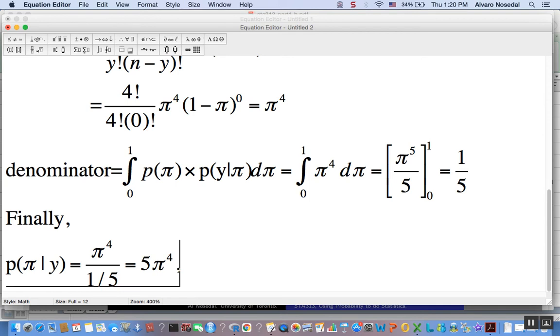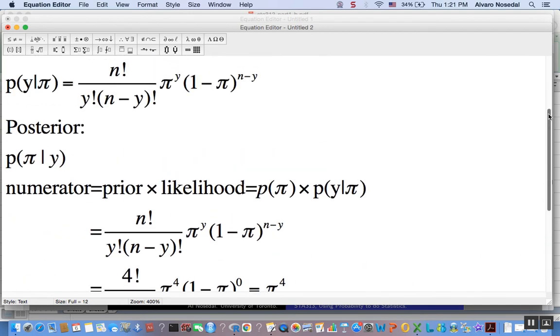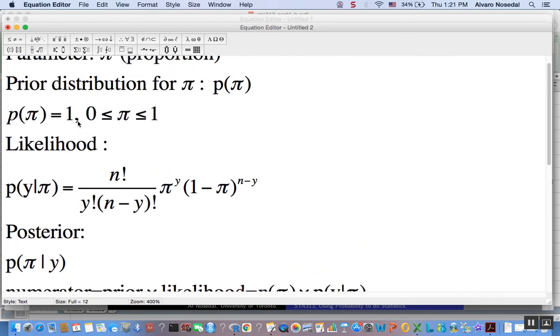Now this is a probability distribution, so we need the support, and the support is any proportion, any pi between 0 and 1.